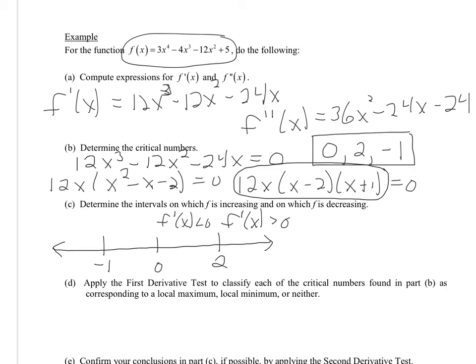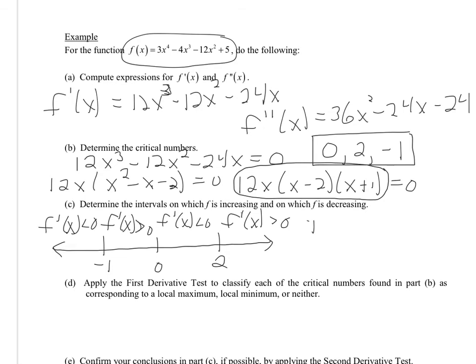When we cross 0, now that first factor, 12x, turns negative on us, and so now the expression looks like a negative times a positive. That's going to result in a positive. So f prime of x is positive in this interval. And then finally, when we cross negative 1, that third factor goes negative on us. So in this leftmost region, all 3 of those factors are negative, resulting in a negative product. So f prime is negative in that leftmost interval.